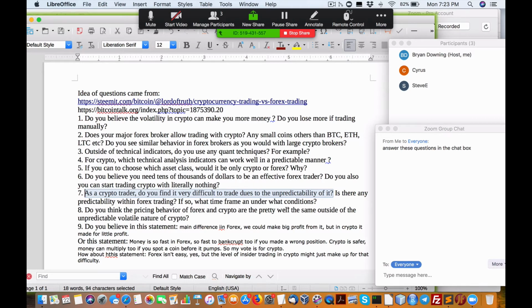Based upon even your research of crypto trading, do you find it very difficult to trade under the unpredictability of it? Oh, yeah, it's dangerous. Like the futures market, people are taking a short position because they believe it's going to crash. Basically, all they can do.